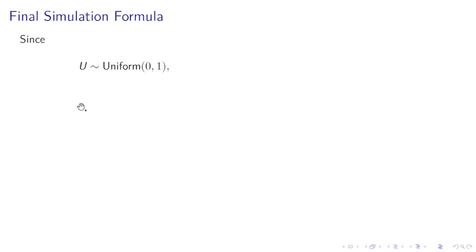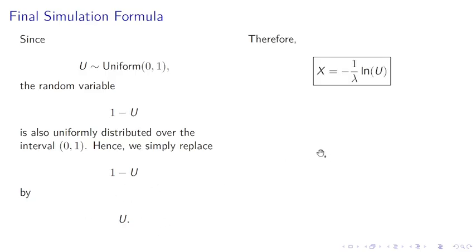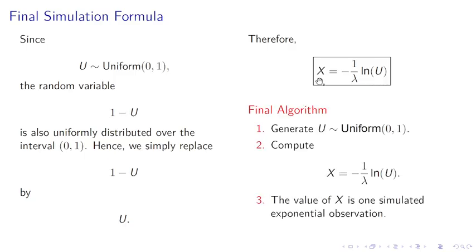Since u is uniformly distributed between 0 and 1, the random variable 1 minus u is also uniformly distributed over the interval 0 to 1. So, we can simply replace 1 minus u with u. Therefore, x is equal to minus 1 by lambda ln u. This is the key formula for finding the different x values for different u values.